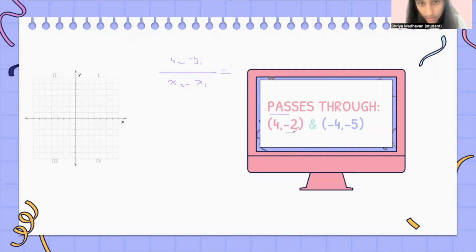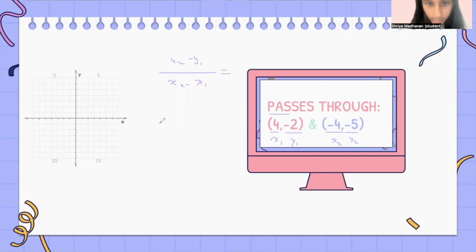This will be y1, and then this will be y2. Similarly, this will be x2, and this will be x1. Yeah, and let's plug that in.